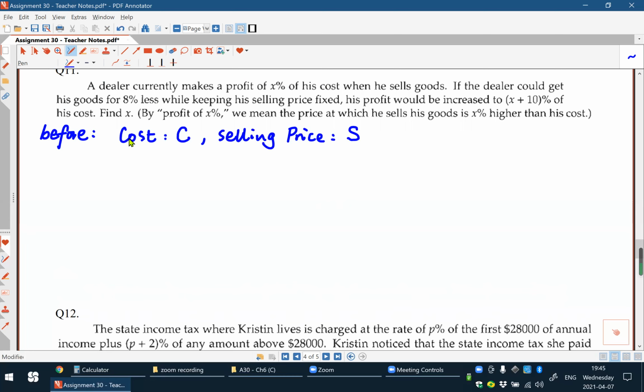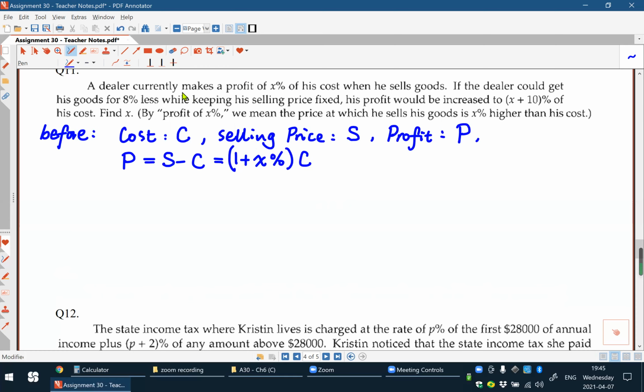Before the price change, suppose the cost is C and selling price is S. So the profit now is denoted by P, and we have the relationship P is the selling price S subtracted by C. And we also know that this is X% of his cost, right?